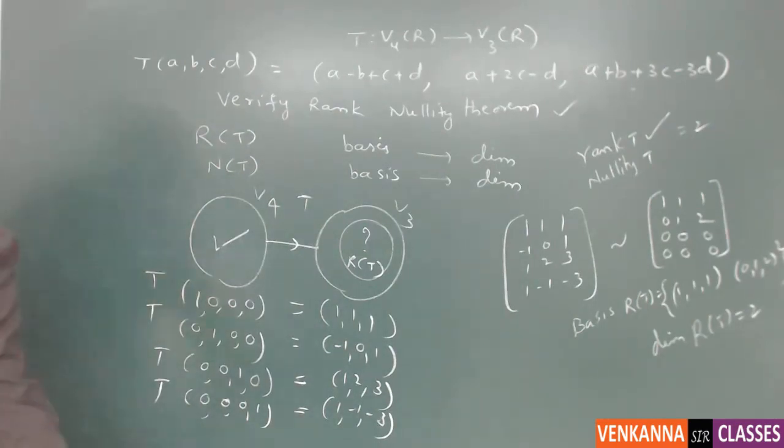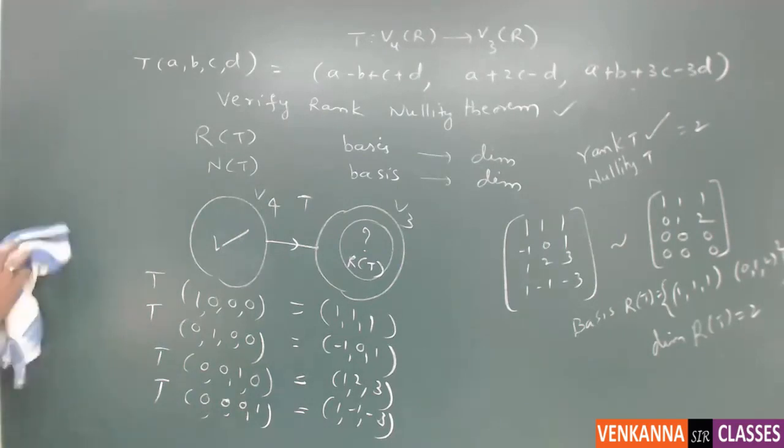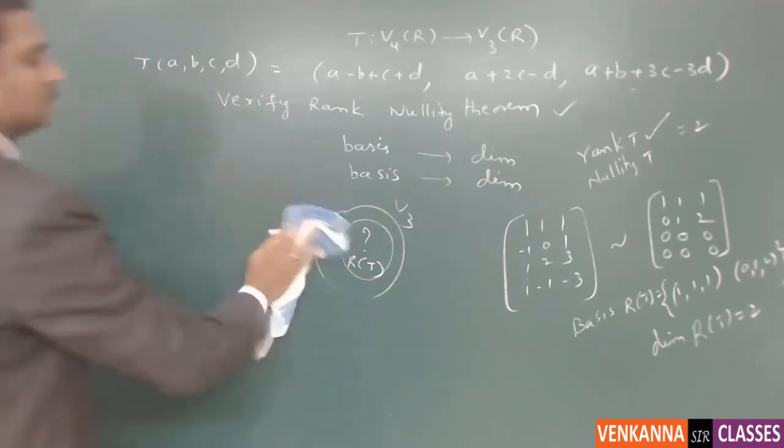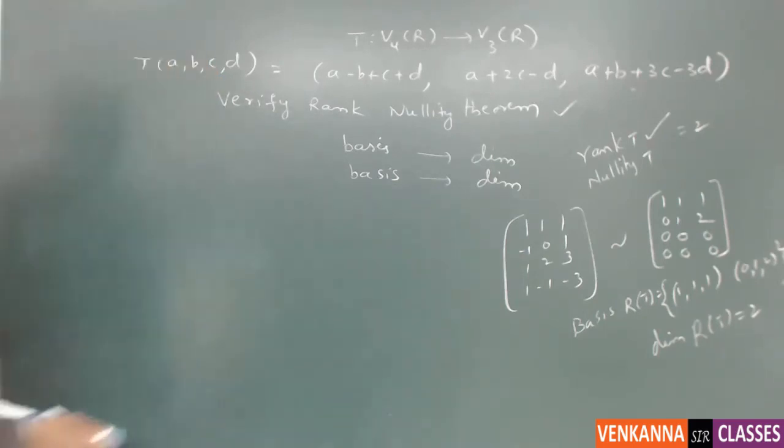Now, let us go with the second part. As I got a basis for R of T, in the similar way I should get a basis for N of T, so that I can find what is the nullity of the transformation.